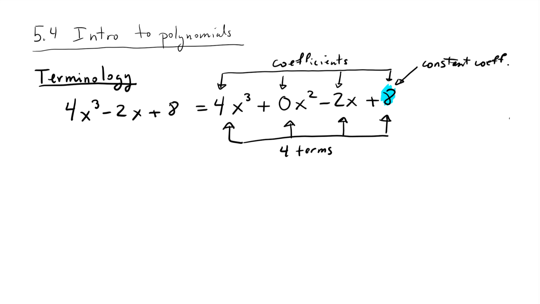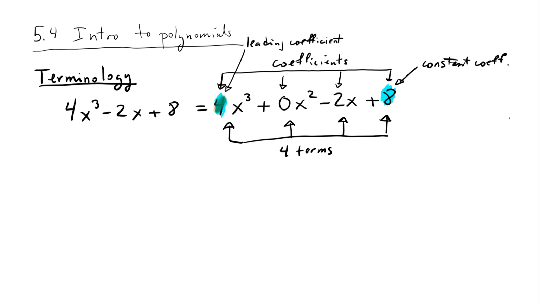My pen is just ignoring me. The 4 here, that's called the leading coefficient. I don't know what's going on. Leading coefficient. Okay, that's the coefficient of the highest power that you find in the polynomial.